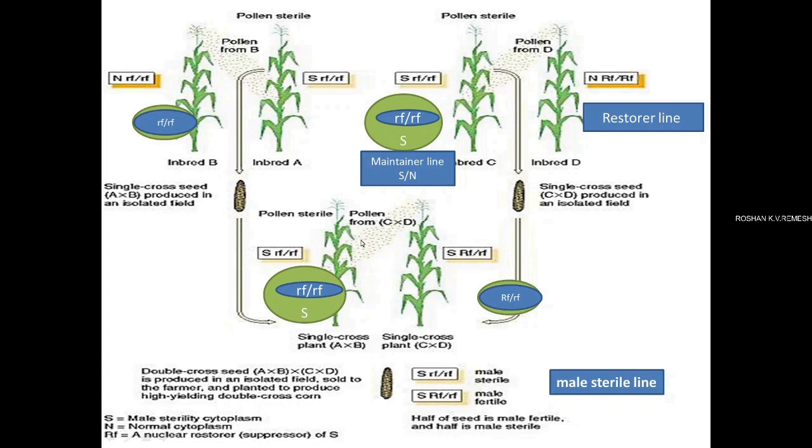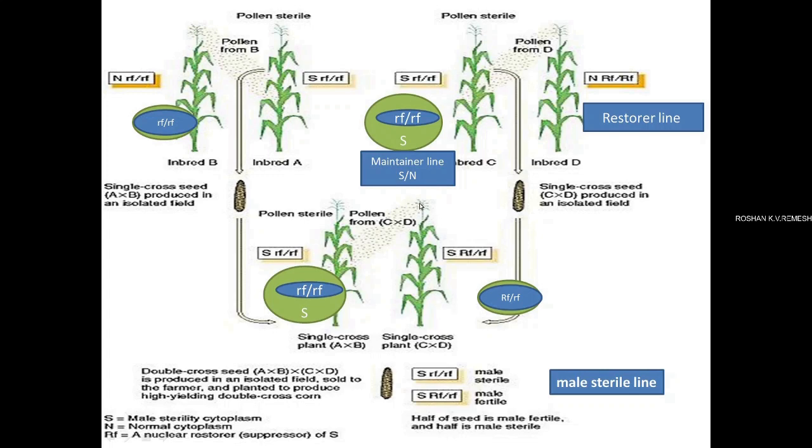Now we are going to cross these two lines. That means we are going to cross this line with this line. For that, we consider the C line, which can be denominated as C. This C line is the female one, not the male one, because it is the male sterile one, and this is the male one.